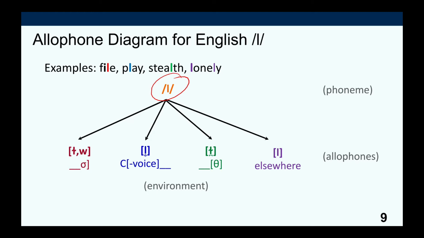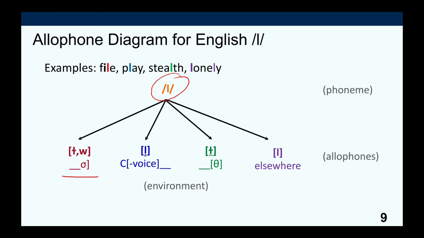First of all, our velarized or dark L, or for some speakers the labial velar approximant version of this, which occurs at the end of a syllable, indicated here by a closing bracket indicating the end of a unit, and the unit is named with the syllable symbol, the little sigma, to say at the end of a syllable.